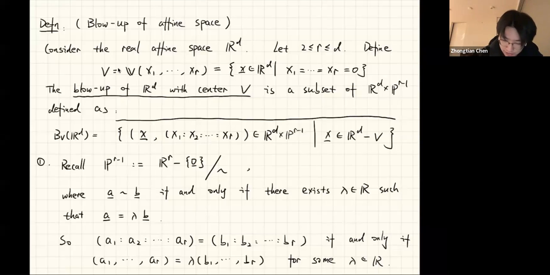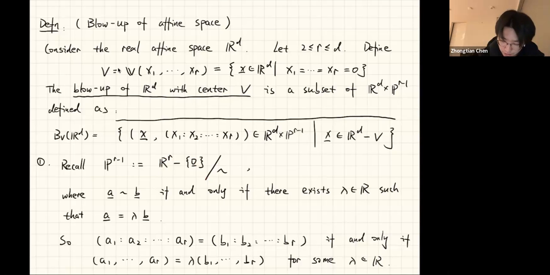Now I will tell you what a projective space is. The idea is that this projective space parameterizes the set of all straight lines through the origin in Euclidean space. In order to make that intuition right, we can define it in this way. You take the affine space R^r and delete the origin.